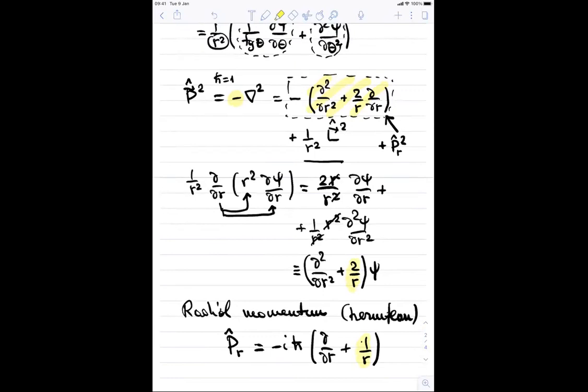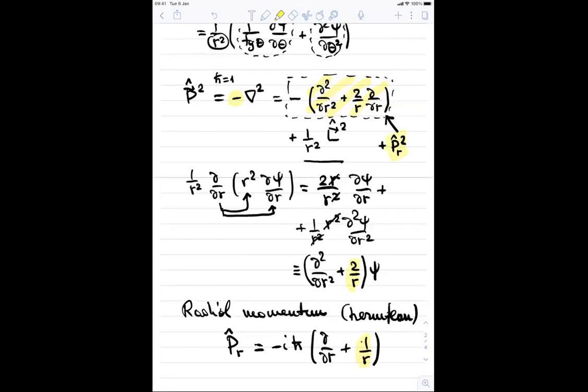No, what I'm asking you is to verify that if you take the square of this object, the 2 over r comes in. It comes as a mixed term. You know, when you do a binomial, you get a factor 2.